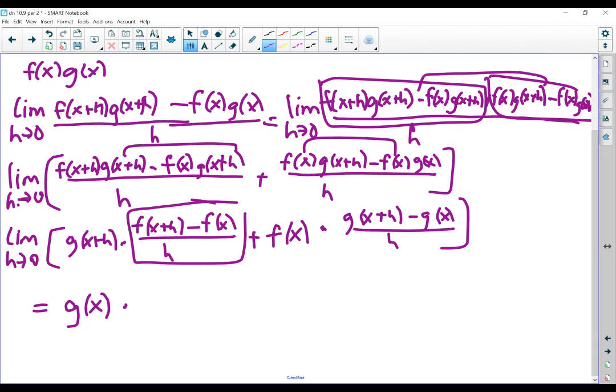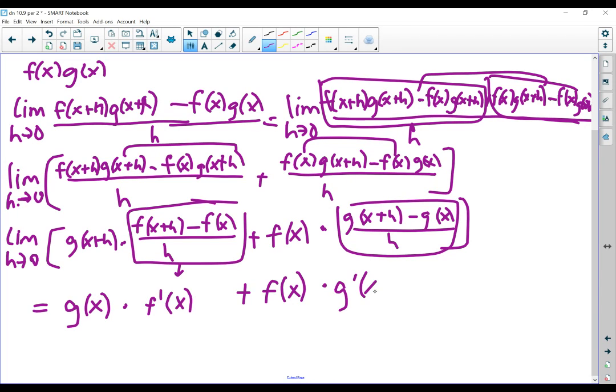The limit as h goes to 0 of f of x plus h minus f of x over h, that's the definition of f prime of x plus f of x. There's no h to plug in. And then here, if I take this limit, I end up with g prime of x.